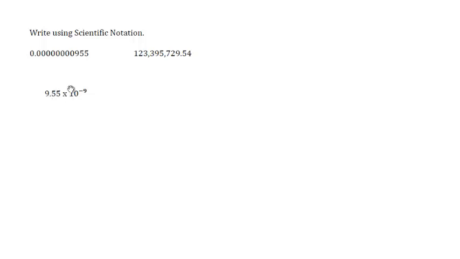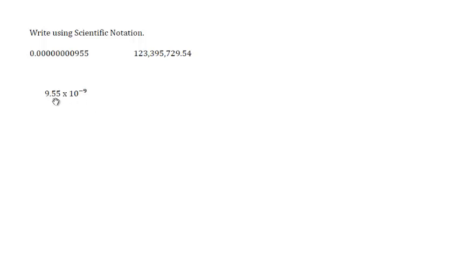We need to tell the reader, the person who sees the problem, that we're going to have to multiply by 10 to the negative 9 power. That is, divide by 10 to the 9th, which would move that decimal place back to the left. And if you count the decimal places between the original and where it is now located, you will get 9. So the negative 9 means divide by 10 to the 9th, which would move the decimal to the left, and therefore a very small number gets a negative exponent.